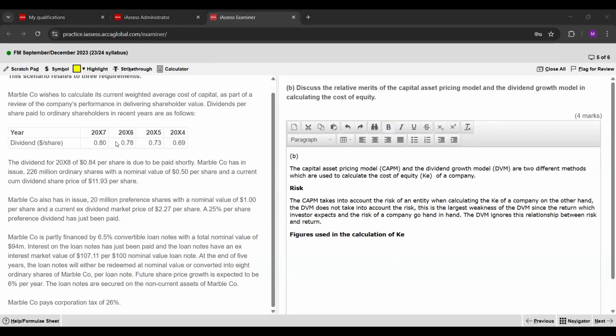We can say that the weakness of the capital asset pricing model is the figures which are used in calculation. Okay, namely the risk-free rate and the beta values.